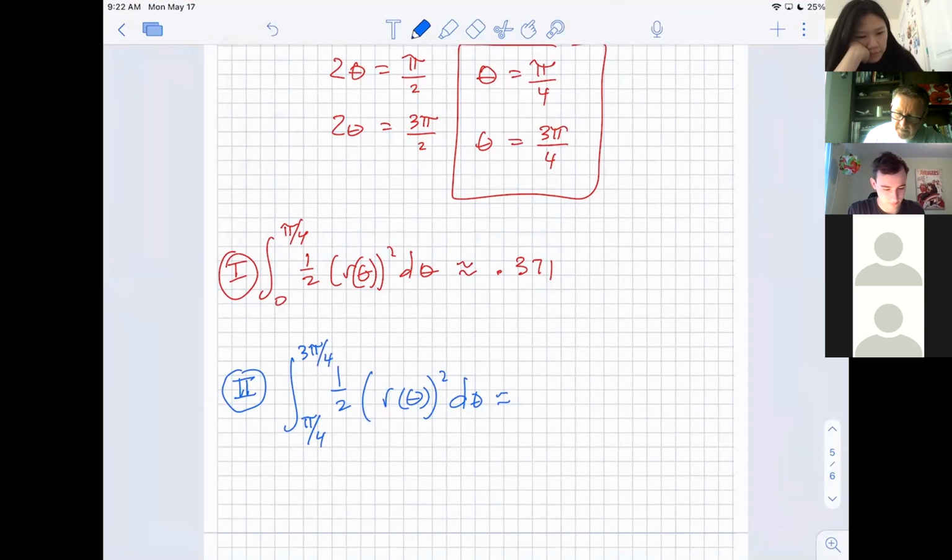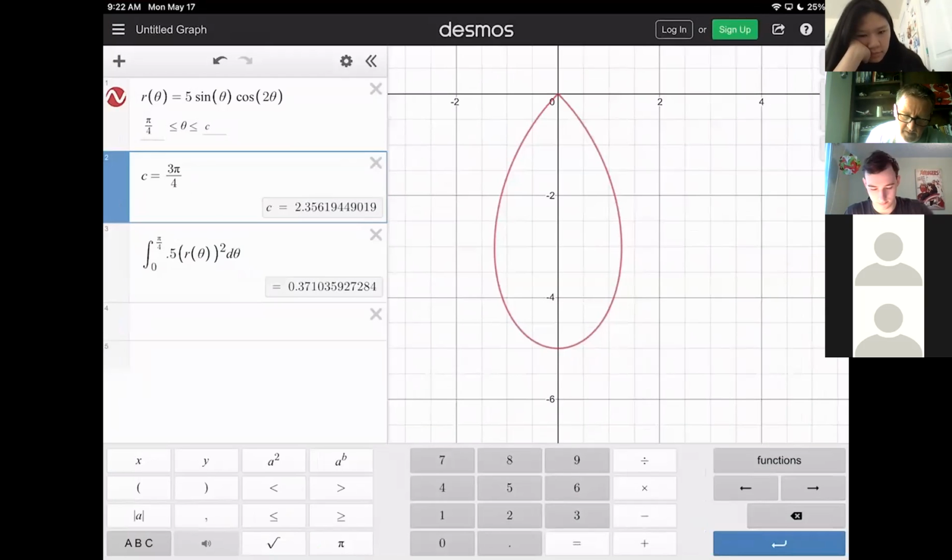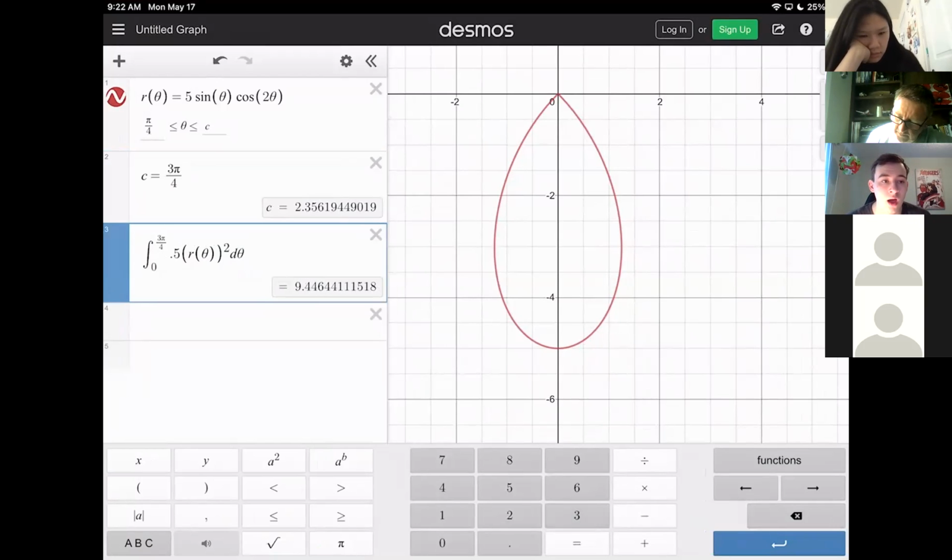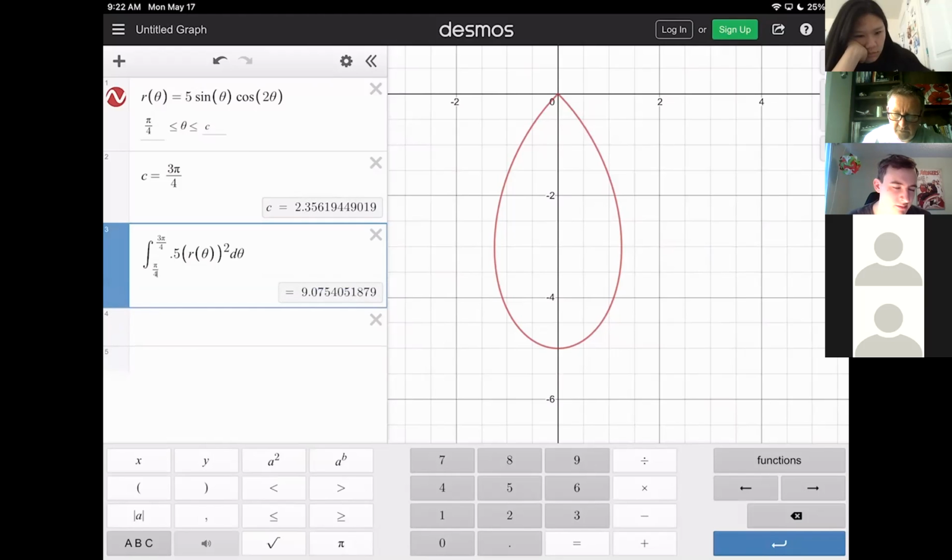Assuming that we could not take the integral. So let's see what this says. Pi/4 to 3pi/4. It's kind of fun to be able to type those in exactly. So we got 9.075 for that.